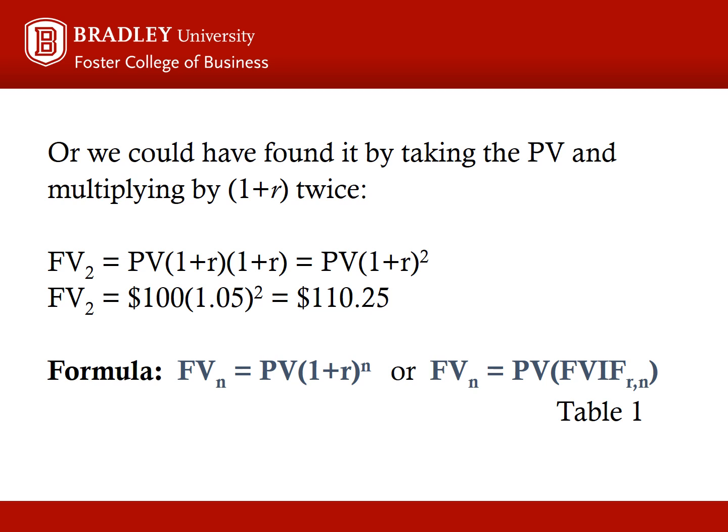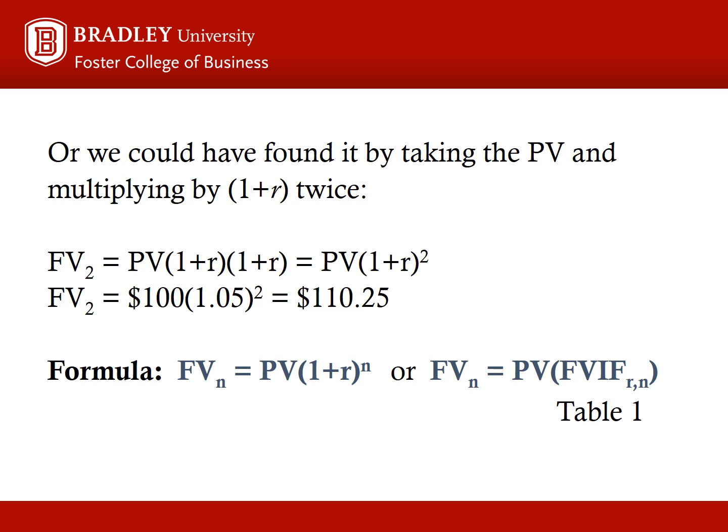If you prefer to use your present value, future value tables, for right now, that is fine as well. So we've got the future value in year n is equal to the present value times the future value interest factor, and you would find your future value interest factor by going to table 1 of the handout tables that I gave you. R is the interest rate you would look for.